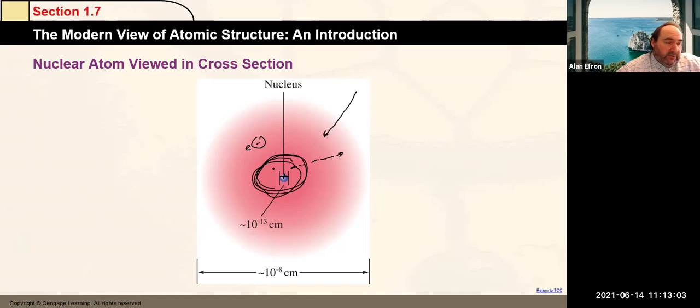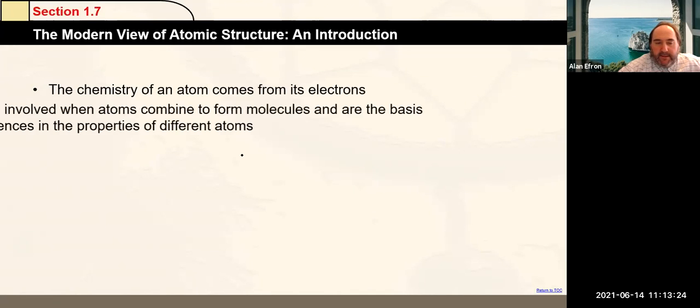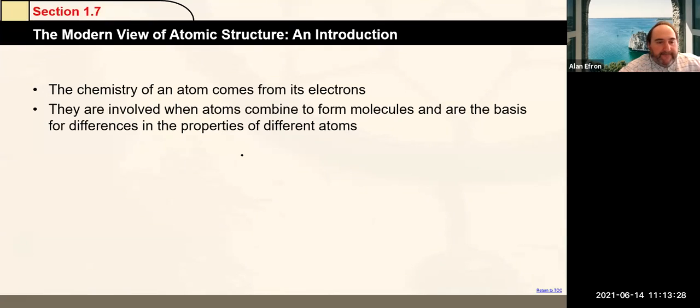So we would expect a higher probability of finding an electron near the nucleus. That probability gets much smaller as we move further away from the nucleus. Any questions on that?